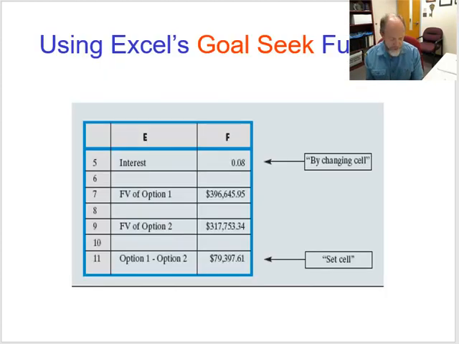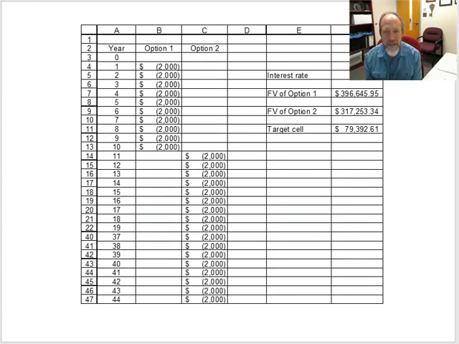And there's a way to do this. So, goal seek. And goal seek works like this. And I'm going to let you play with it and figure it out. There's plenty of good instructions there. But goal seek is this. You have a cell that you want to get to a target. So if I go back to the spreadsheet that I had there, I want to get the target cell to 0. That's the difference between the future value of both options.